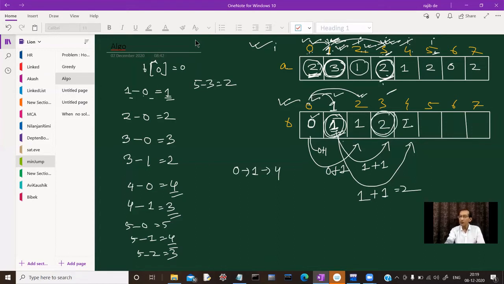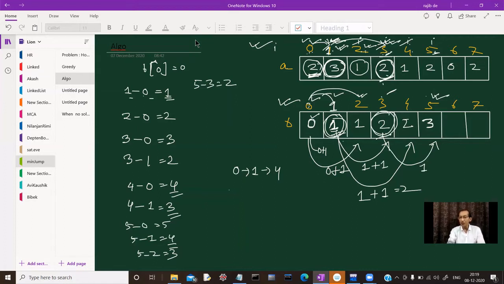So you require 2 jumps to reach from 0 to 3, and adding a single jump to reach from 3 to 5, you know that 2 plus 1 is 3. So to reach 5 from 0, you require, I'm sorry, 3 jumps only. You see how you are reaching?